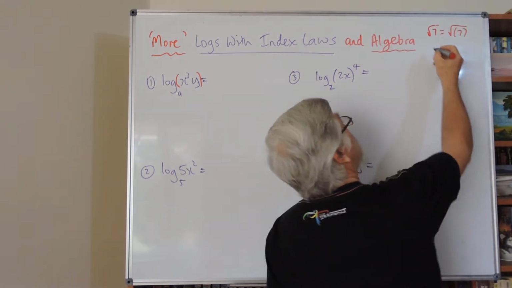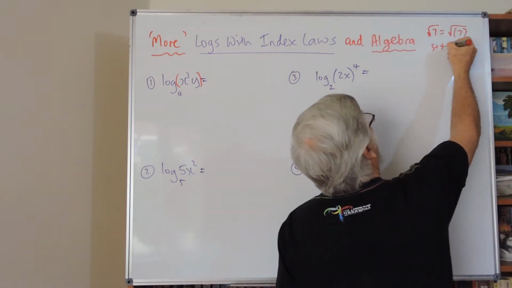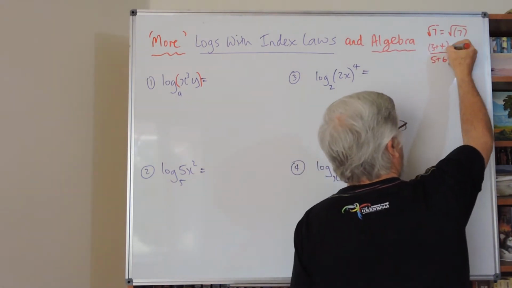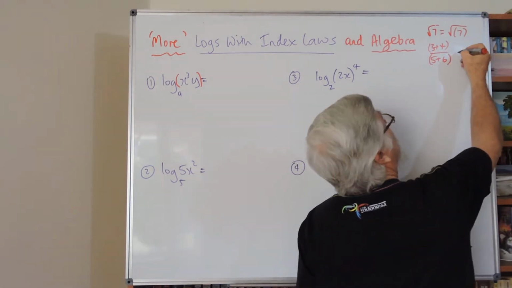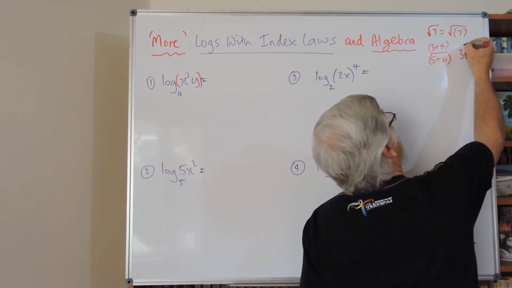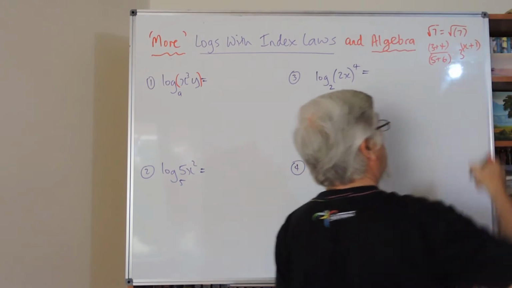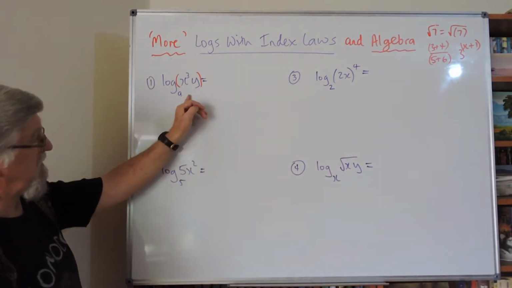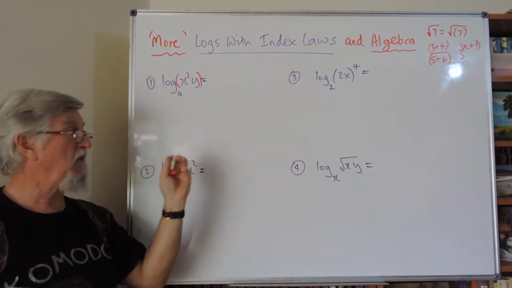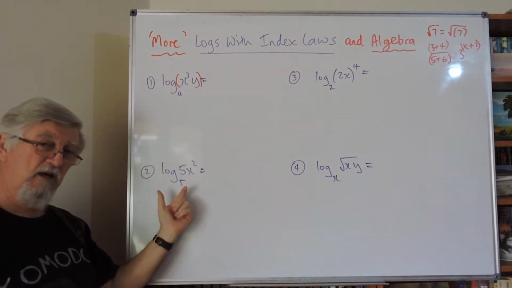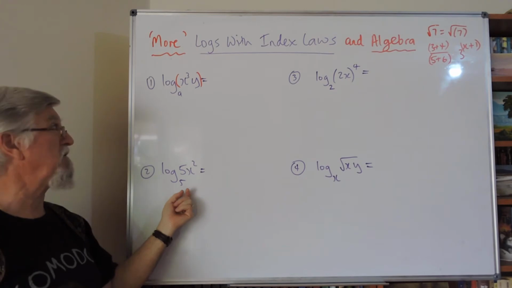If I write a fraction that's 3 plus 4 over 5 plus 6, it actually has a bracket here and a bracket there. If I write 3 to the x plus 1, it actually has a bracket around those there. So back to the basic concept, the section inside the logs, a lot of people will always write the brackets there. In the context here, it doesn't need the brackets, so a lot of people will always write them.